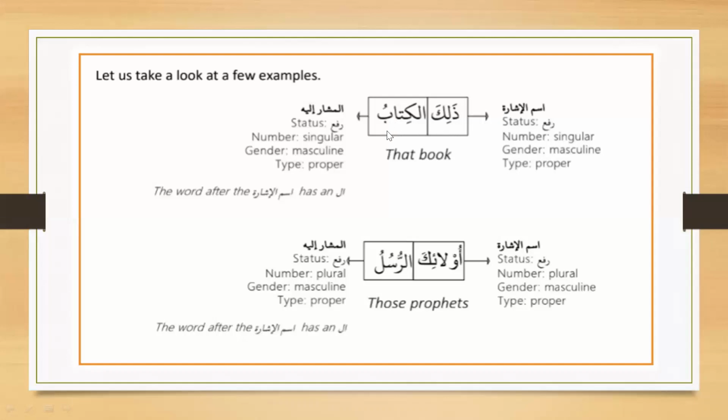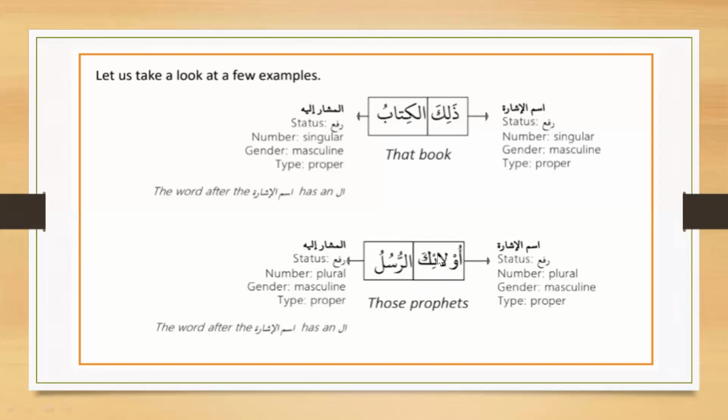So al-kitabu is masculine because it doesn't come under any category of feminine noun, right? And al-kitabu is proper with al. So both of these match in four properties. That's why this is a pointer fragment. So this is a murakkab ishari.